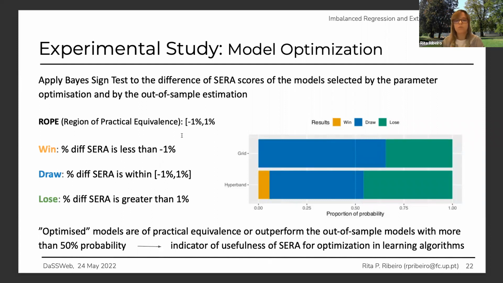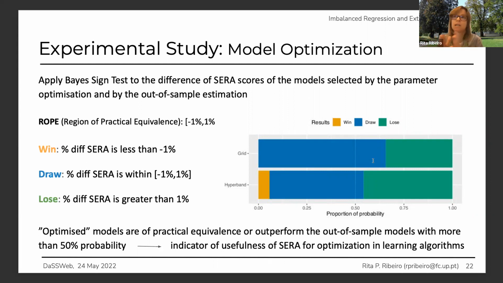Here on these graphs are the results of that comparison. We have the SERA of the algorithm that was optimized, by a grid search or a hyperband search for obtaining the best parameterization possible, and we subtract from that the SERA of the out-of-sample estimate.